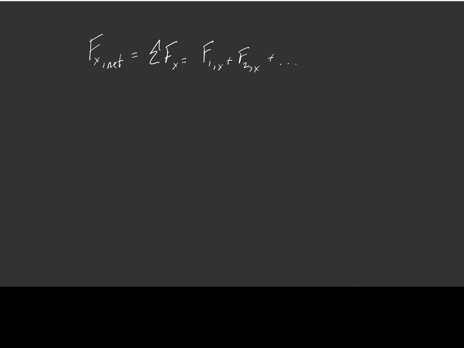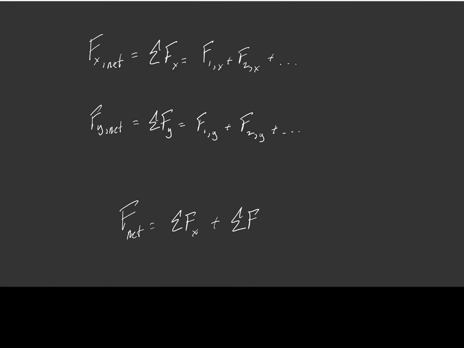That makes sense. Then we've got the force on Y, and we will have a net, the sum of the forces on Y. Again, we could have more than one, but all of them together would equal that. And the overall net force would be the sum of the forces on X plus the sum of the forces on Y.